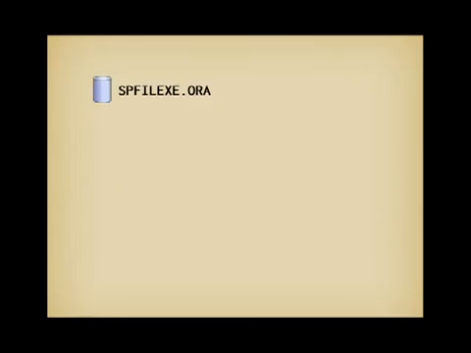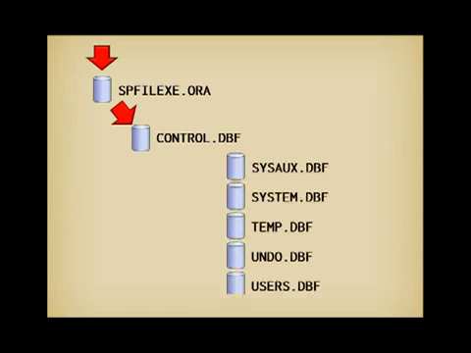When you start Oracle, it begins by reading the parameter file, spfile.ora. As we shall see soon, the parameter file contains the name of the control file, that in turn contains the names of the various data files you have seen in the previous video, as well as the names of the online log files. I just show one here because at any given time only one is active.